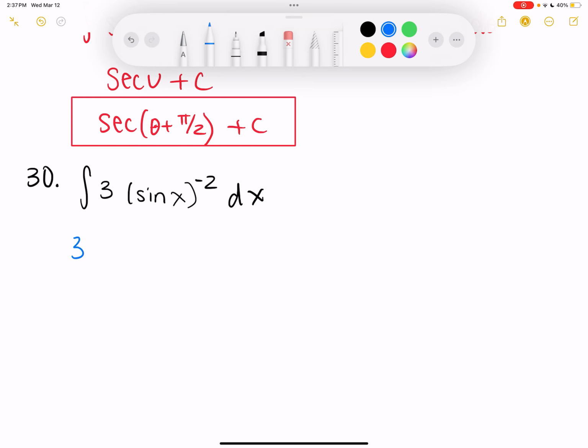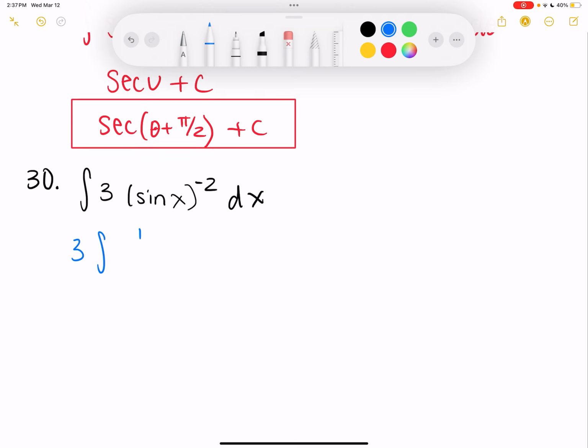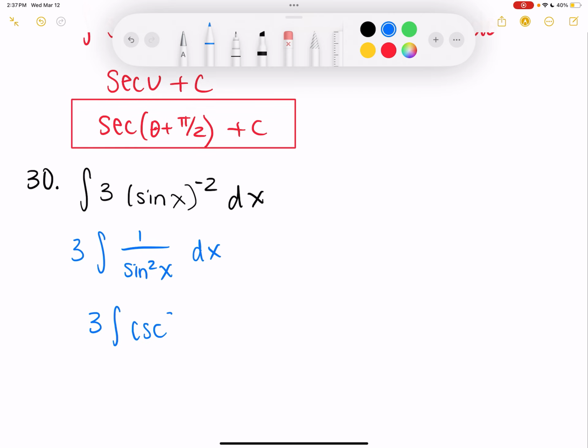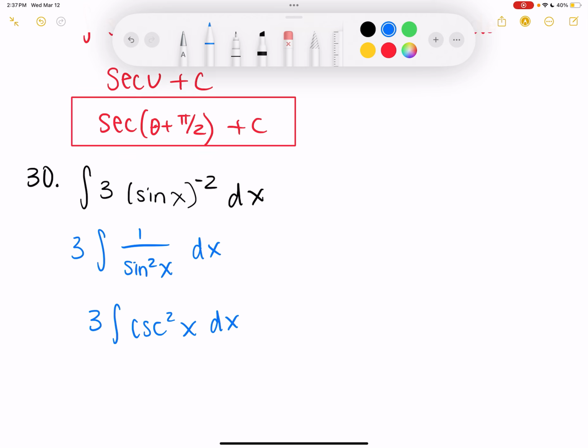So we can do 3, the integral of, so the sine of x raised to the negative 2 would be the same thing as 1 over the sine squared of x dx. What's 1 over sine squared? So this would be 3, the integral of cosecant squared of x dx.